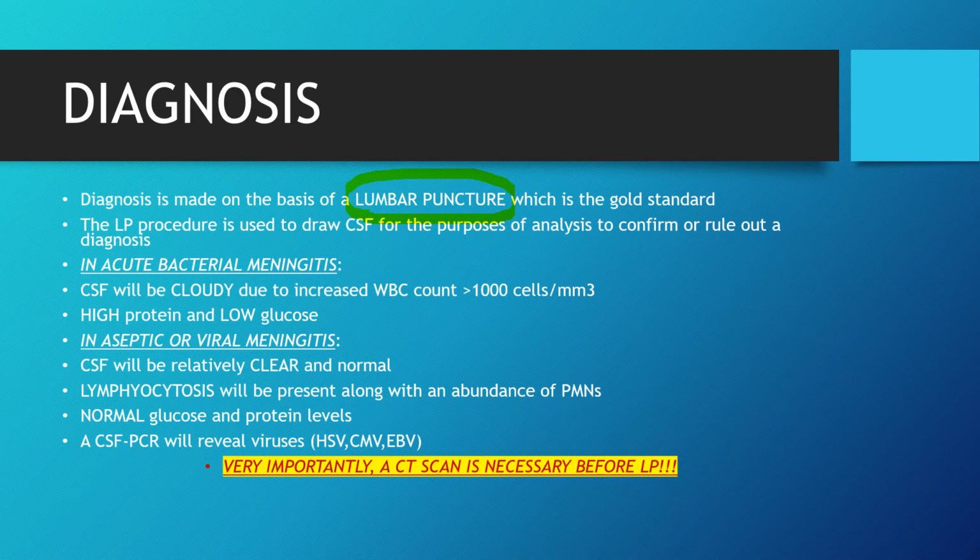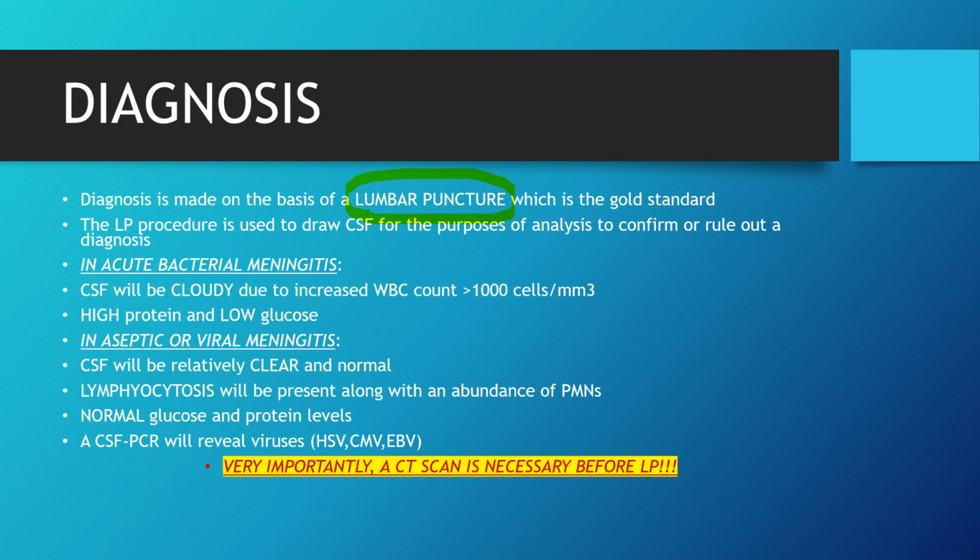If meningitis is bacterial, then the CSF will be thick and cloudy due to an abundance of WBCs. Normally in CSF we have 5 WBCs per microliter, but in bacterial meningitis, the WBC count can be more than 1,000 cells per microliter.